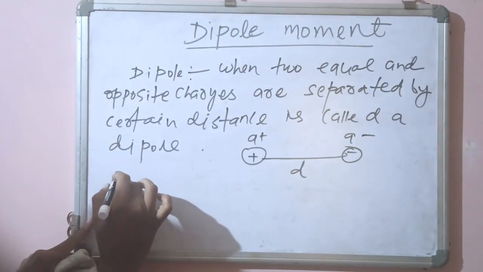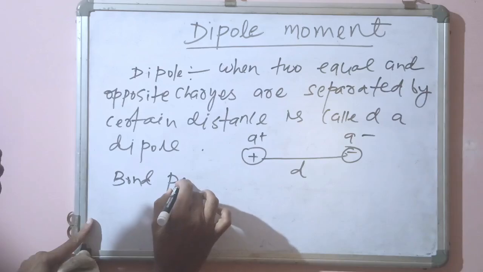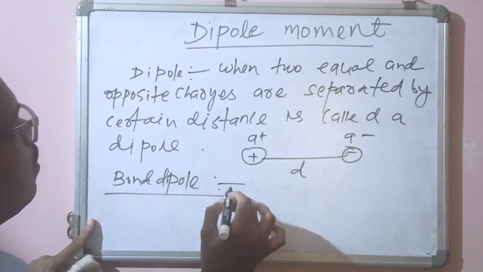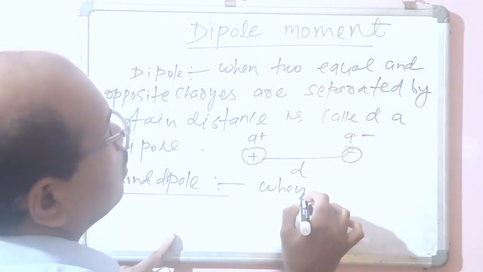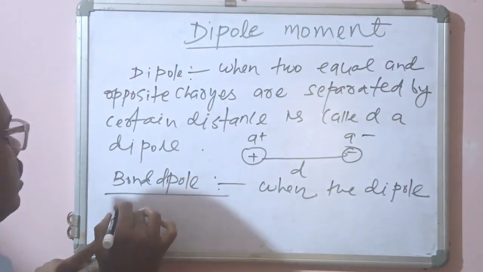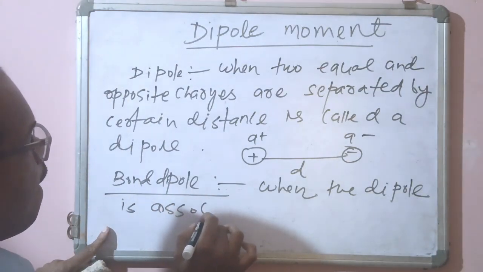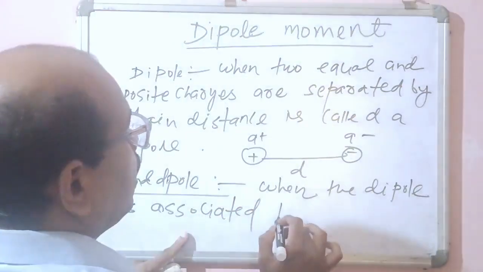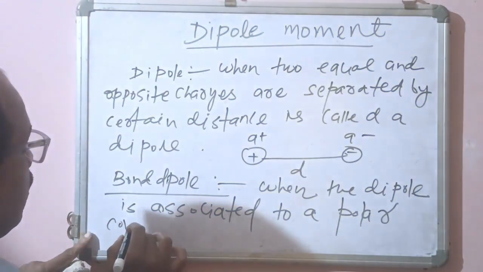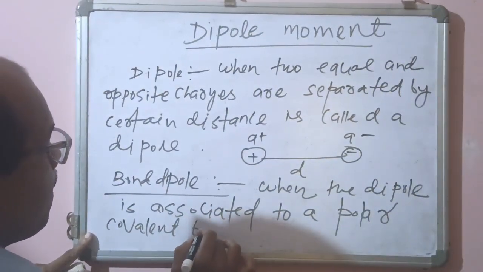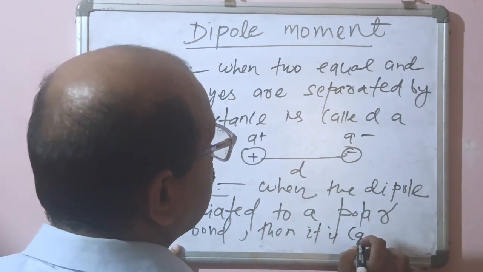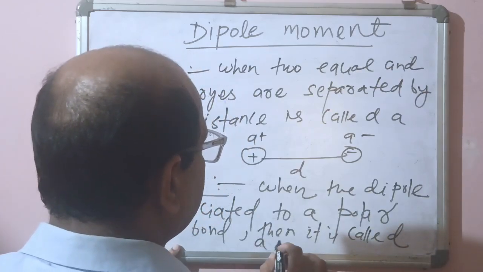So what is a bond dipole? There is a bond dipole when the dipole is associated with a polar covalent bond, then it is called a bond dipole.